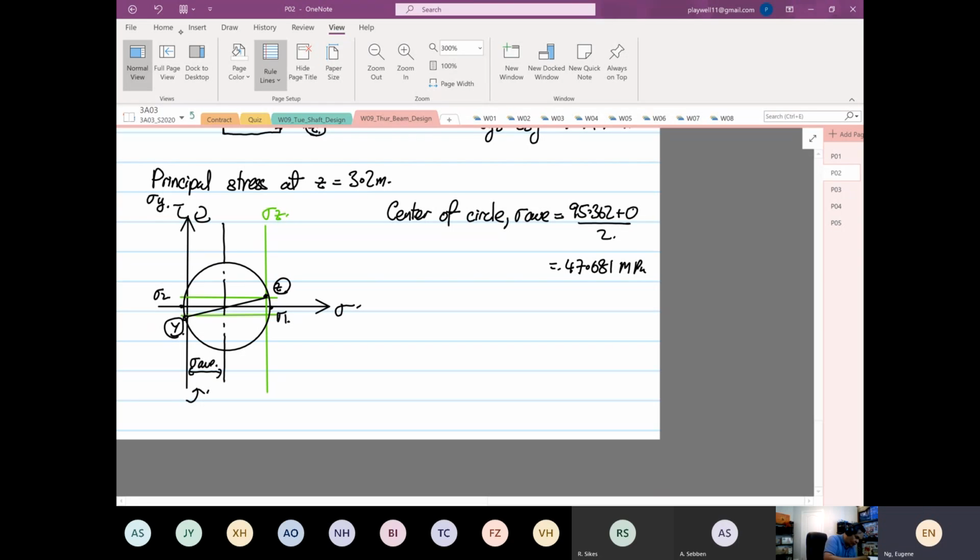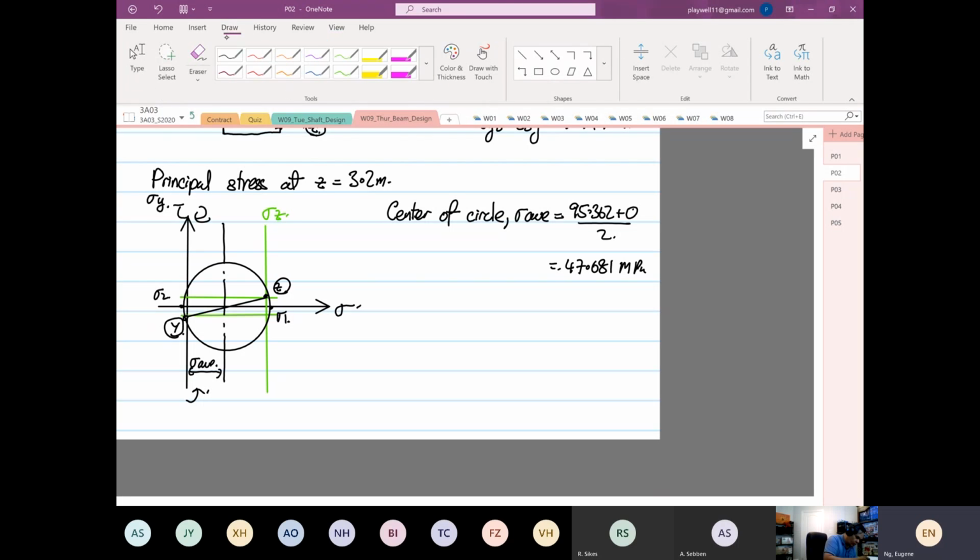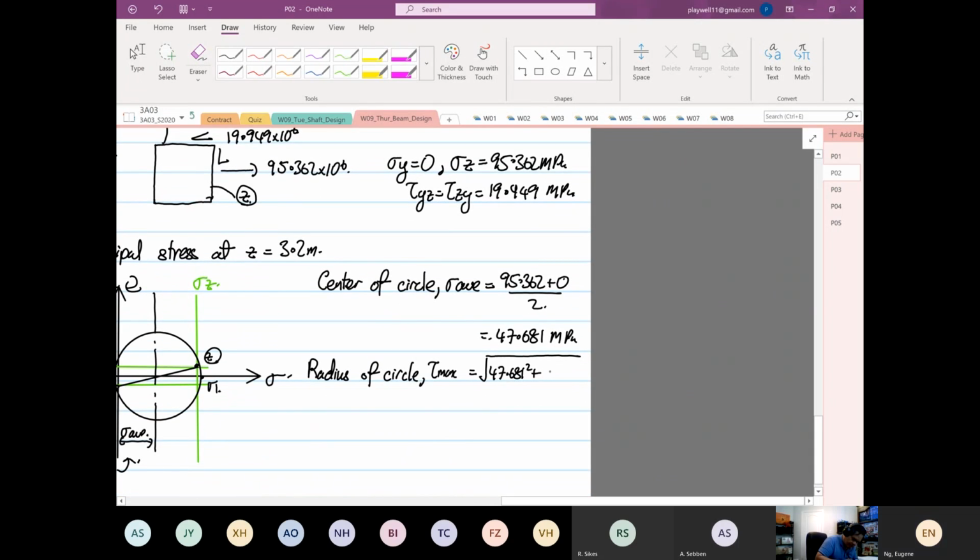Then you look for your tau max, the radius of circle. The radius of circle, the maximum shear, is equivalent to your tau max. So this is equal to the square root of 47.681 squared plus 19.949 squared.